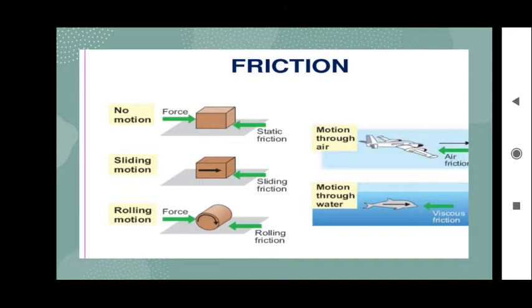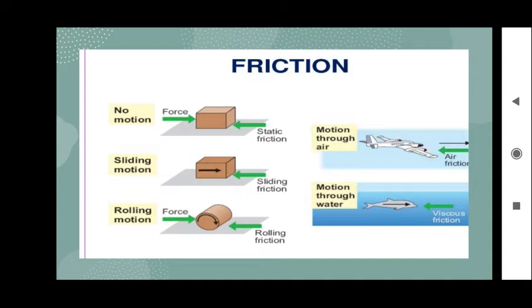That is why it is called static. Static means at rest. Sliding friction is a friction which makes the object slide, one object sliding over another object. Third one is called rolling friction. Here the friction makes one object roll over another object.